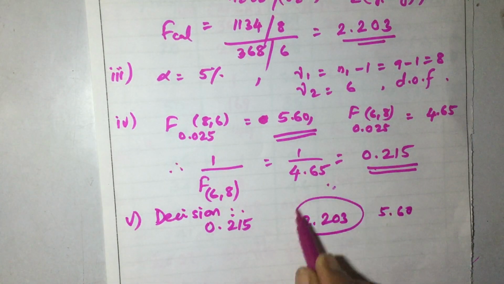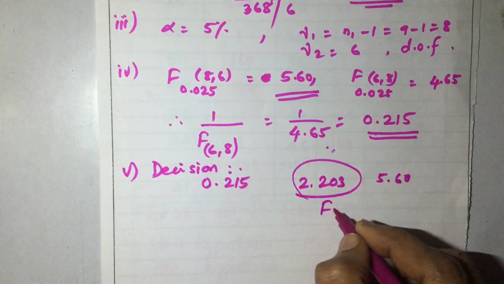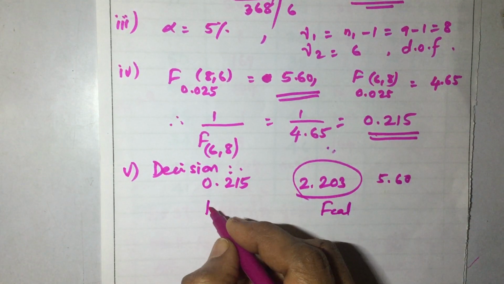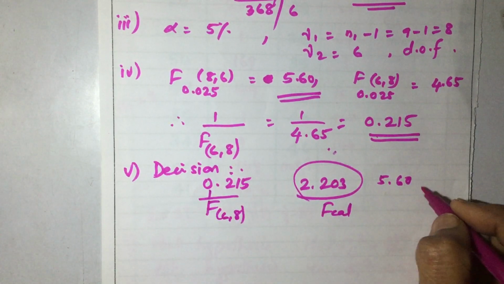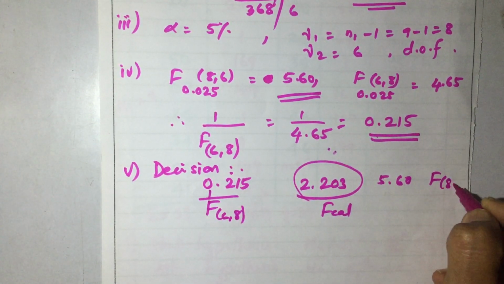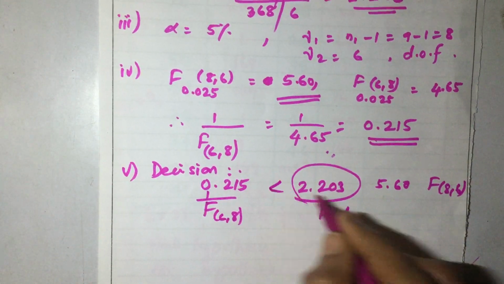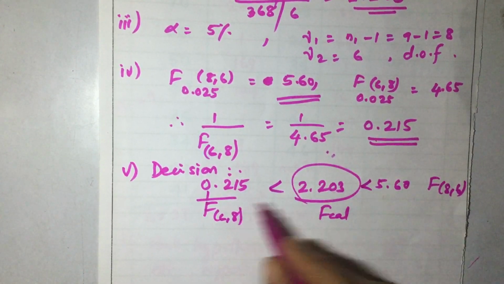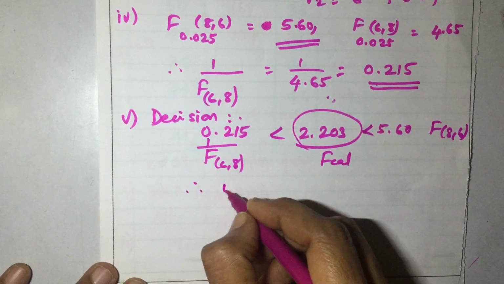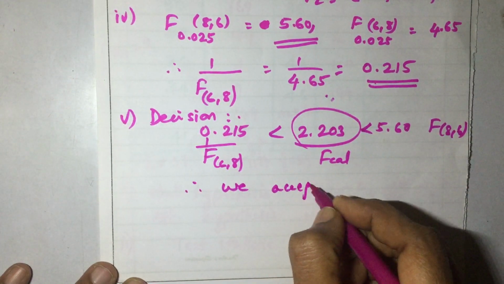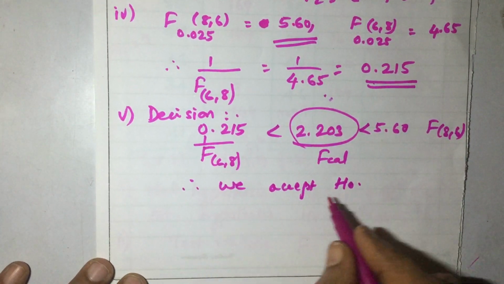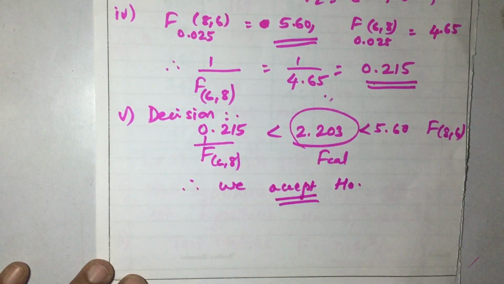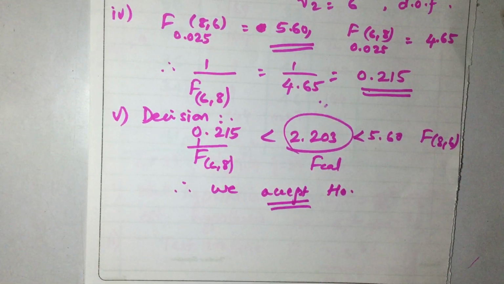So this is F calculated value, this is 1 upon F of 6,8, and this is F of 8,6. Okay, so this calculated value lies between these two values, therefore we accept H0. We accept H0 means the variances are equal. Okay, so that is second one, that means we accept the null hypothesis.